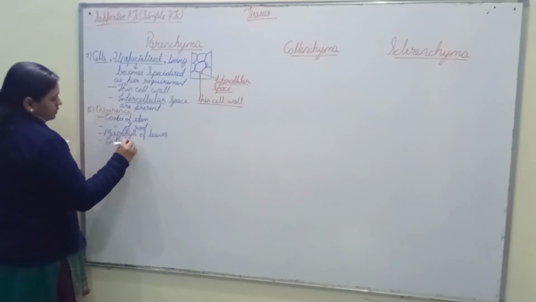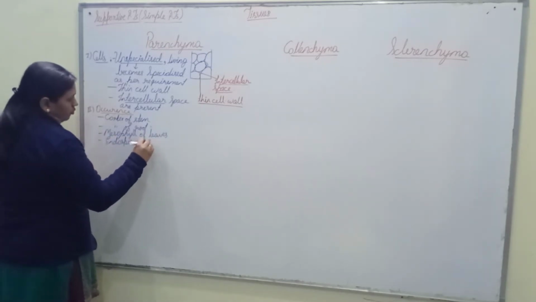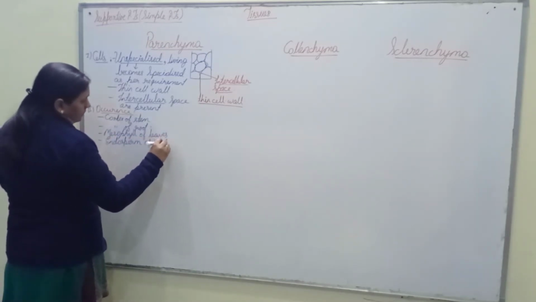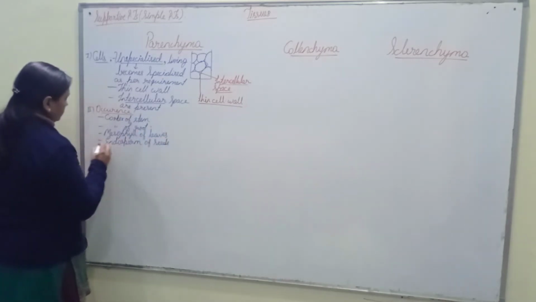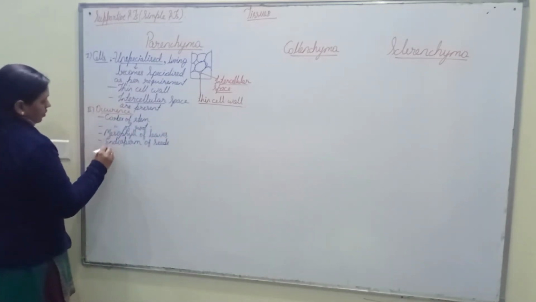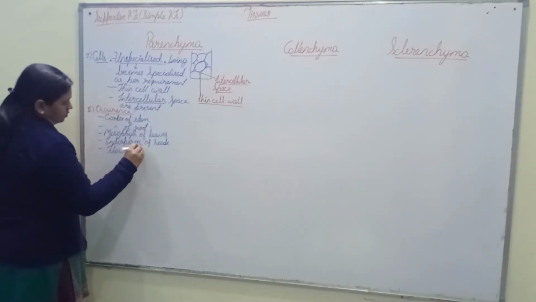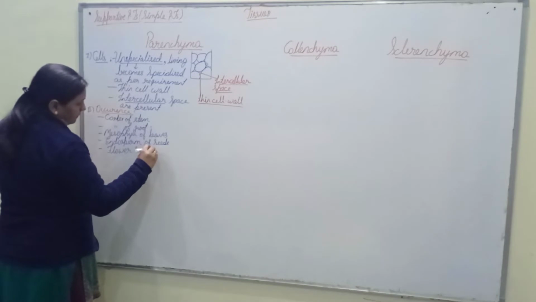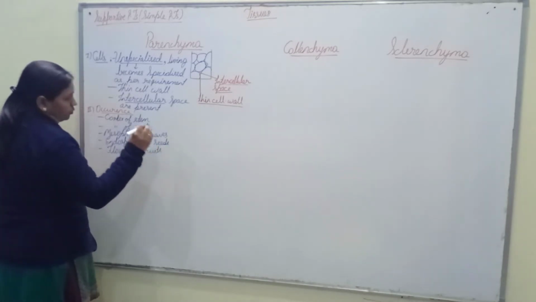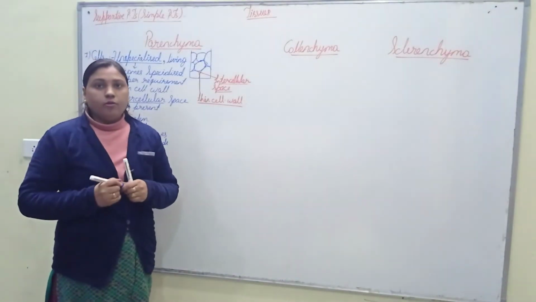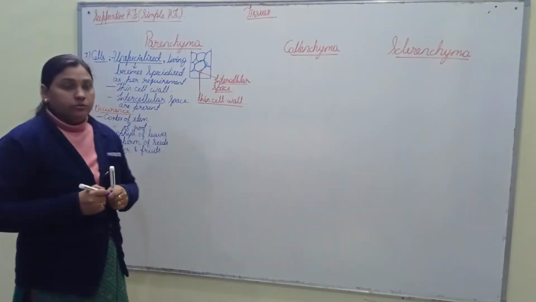These are found inside the endosperm of seeds. And these are also found in the flower and fruits. So parenchymatous cells are found in all parts of the plant.